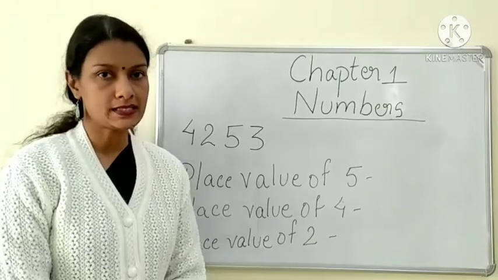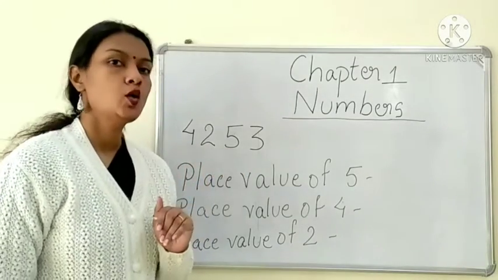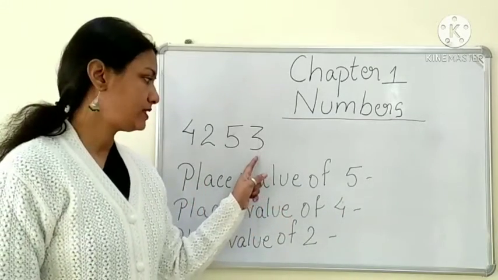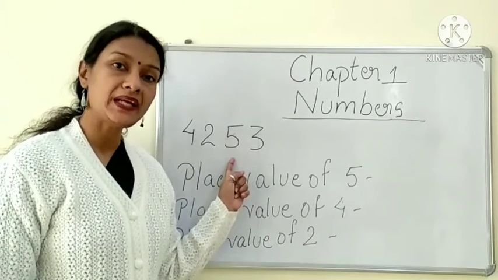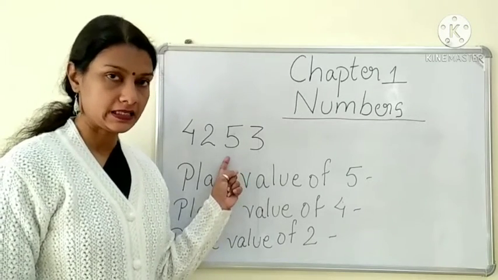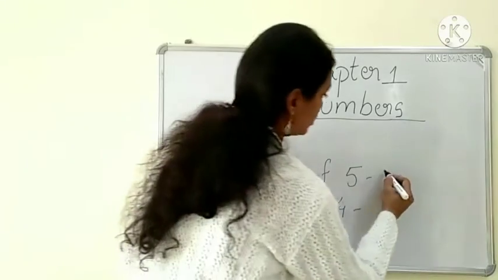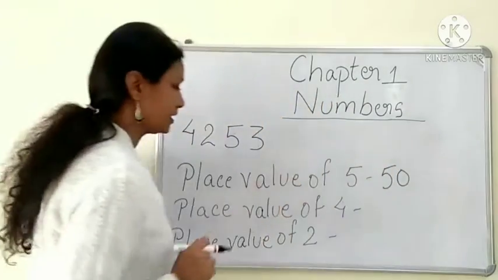Let us see one example. 4253. So here, what is the place value of 5? Ones, tens. So here, the place is tens, but the place value is 50. 5 into 10, so the place value is 50.